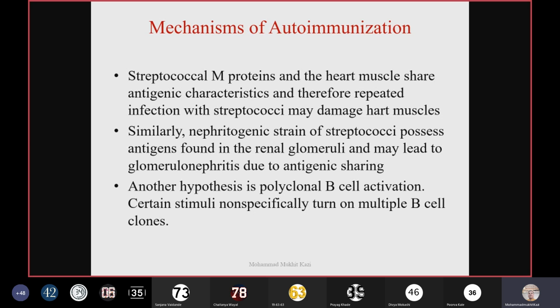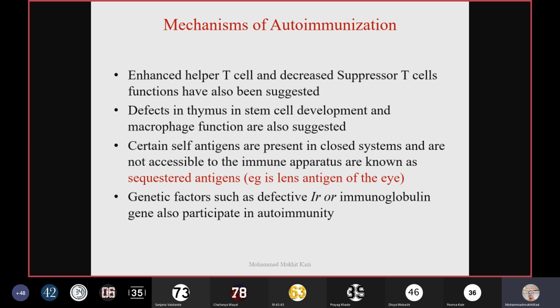What does it mean? It produces a number of different antibodies to that antigen. A certain stimulus non-specifically turns on multiple B cell clones, and that will result in autoimmune diseases.